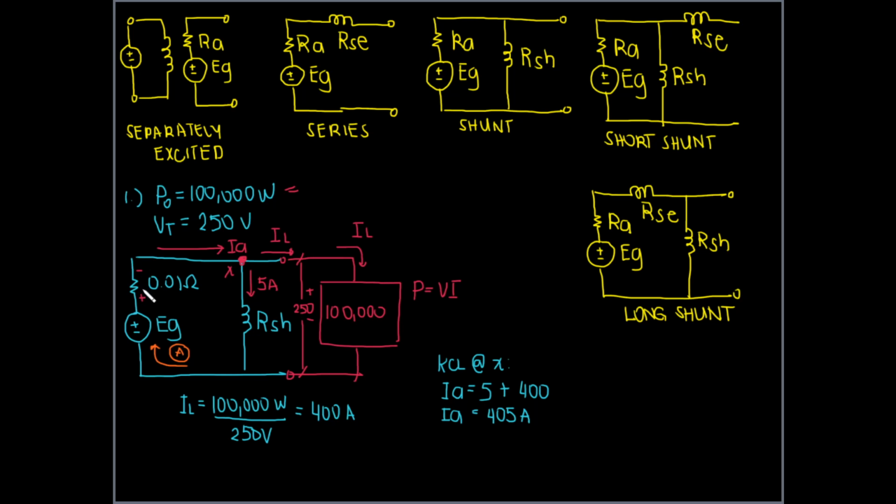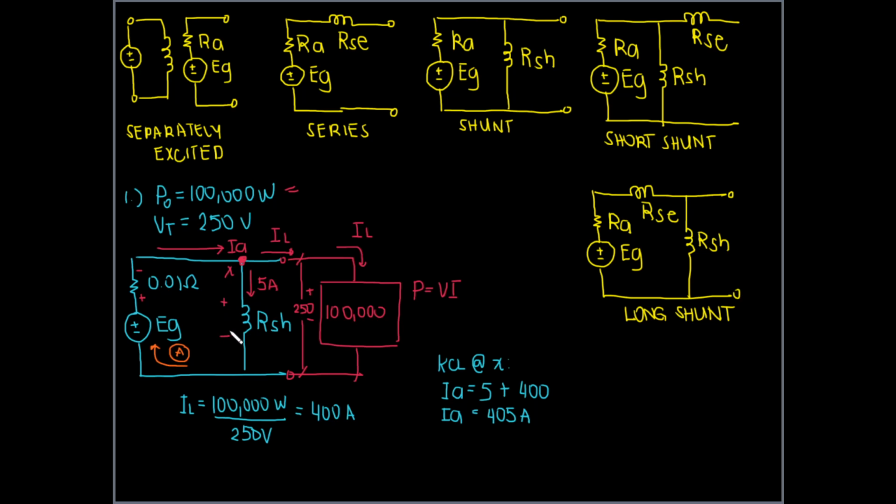Only for passive elements, because it's the other way around for sources. For sources, current is going to leave the positive terminal and enter the negative terminal. So if we do this loop, we also have that same direction here, plus, minus, because the current here is downwards. We need that for the exit polarity rule for our KVL.